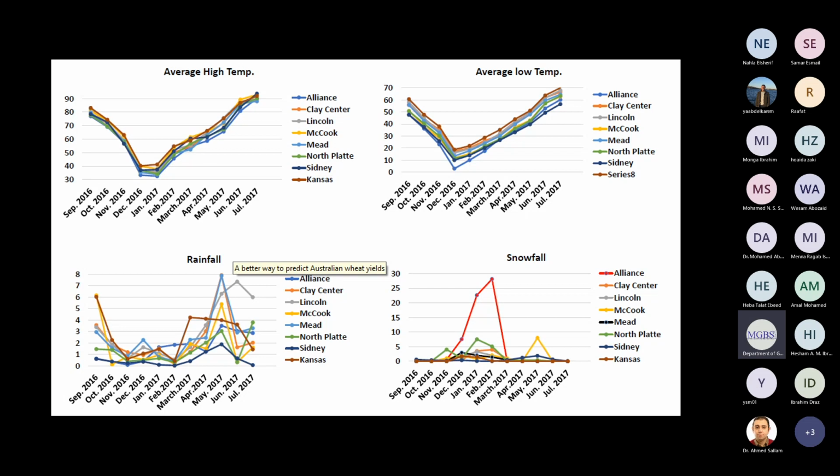But if you look at rainfall and snowfall, in each month you have ups and downs in each location. We thought that rainfall and snowfall in the USA were the main factors affecting the grain yield of wheat.